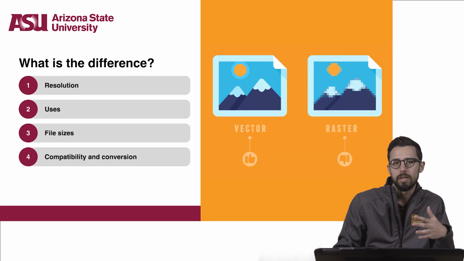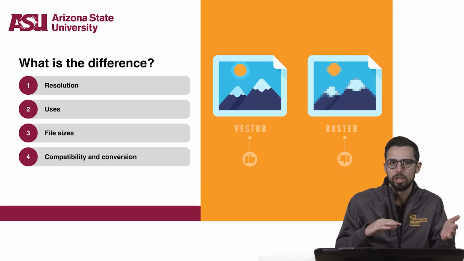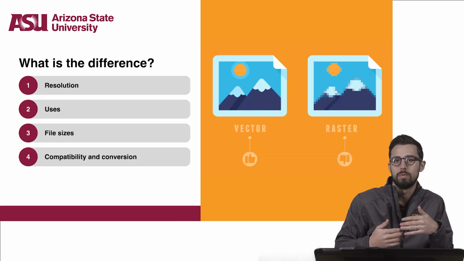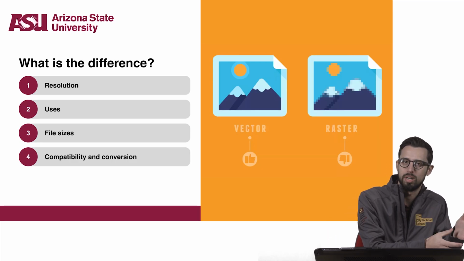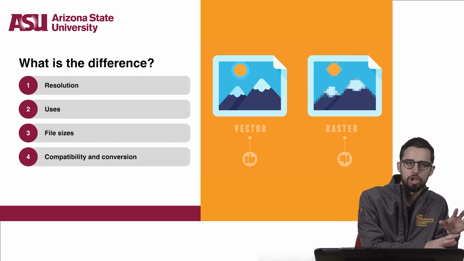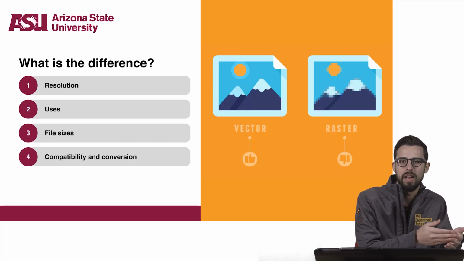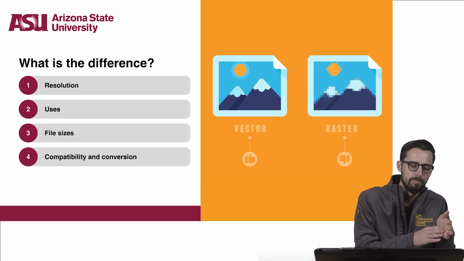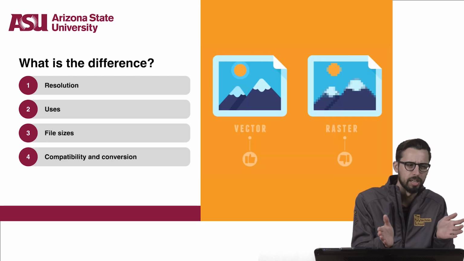And while vector files can present some challenges, it's possible to convert those vector files to raster images, and in some sort of limited situation, raster files to vector, although that's much more complex and very rare that we would ever need to do that.